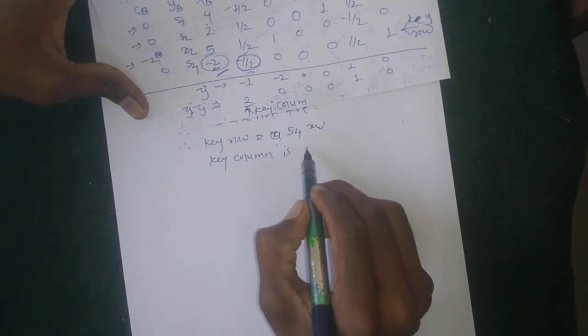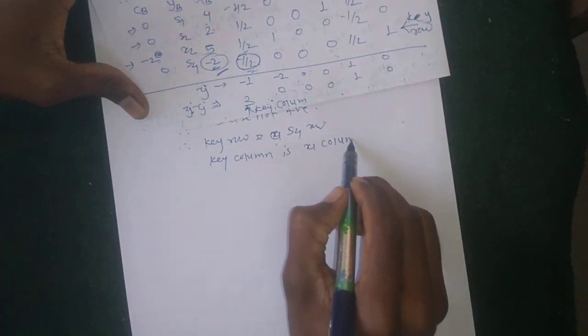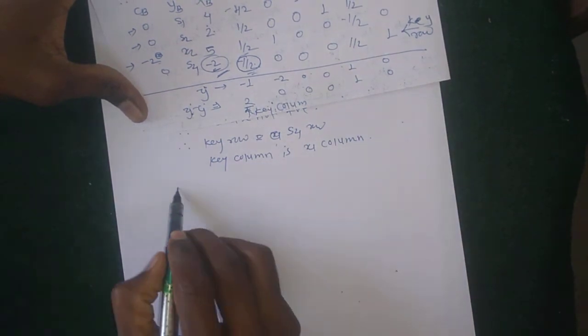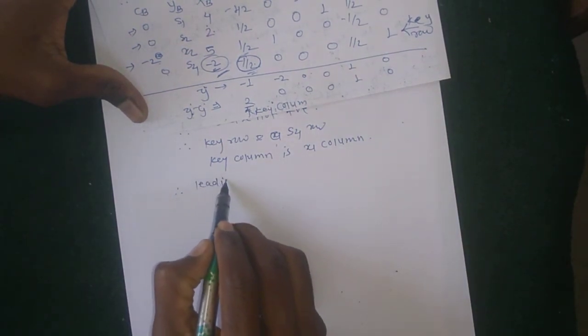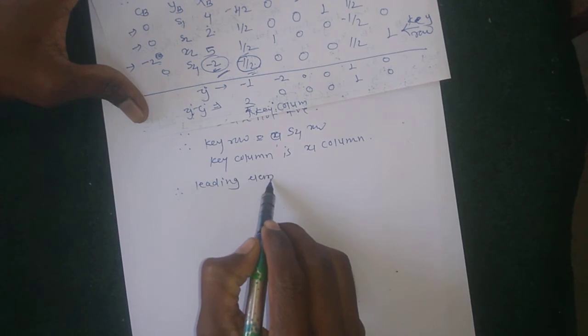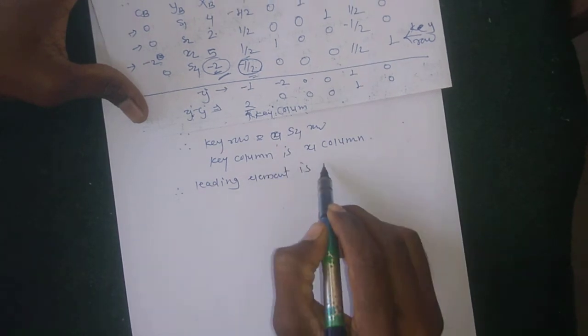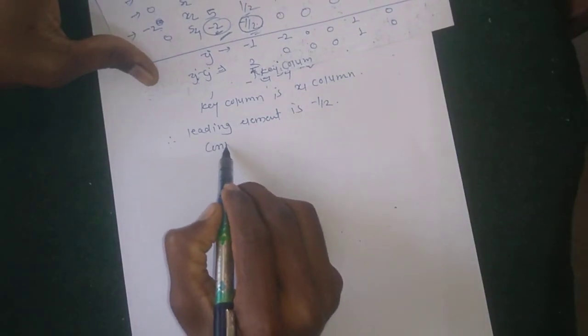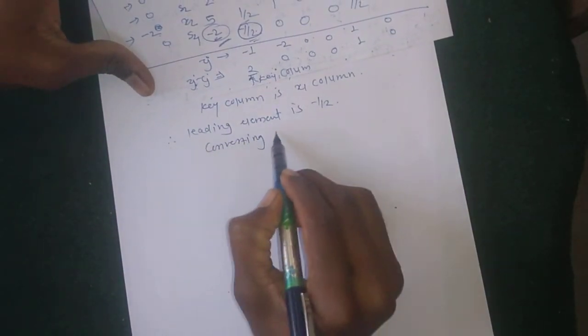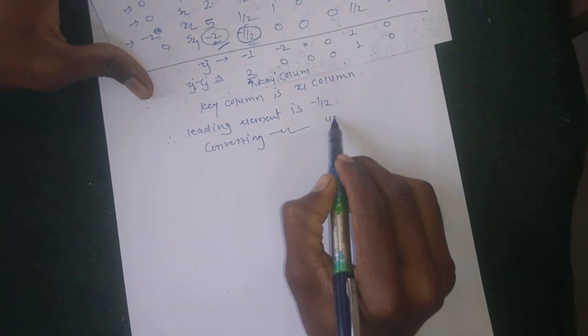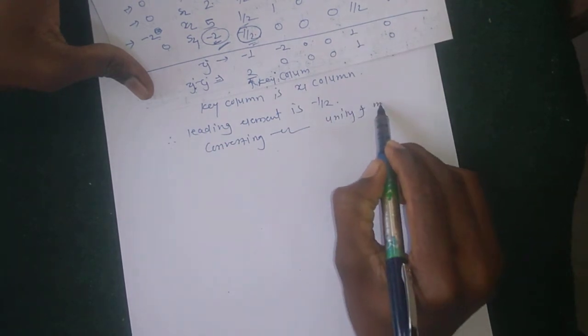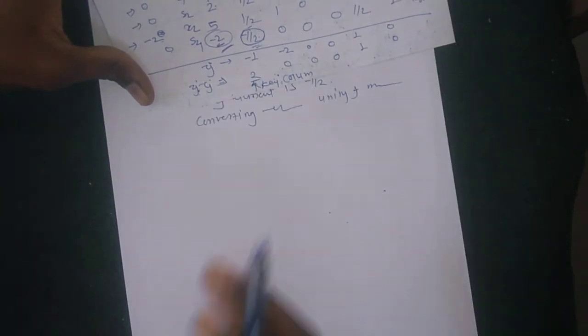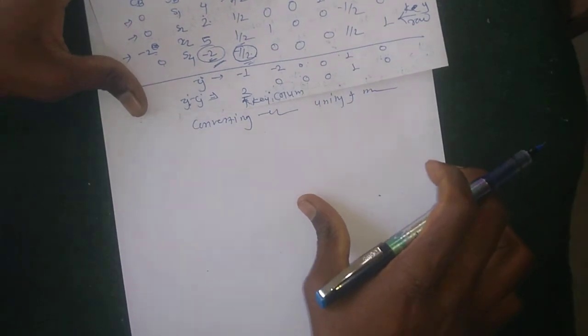Key column is x1 column, and therefore leading element is minus 1 by 2. So converting this to unity and making all other elements 0. Okay, so directly we have to write the simplex table.